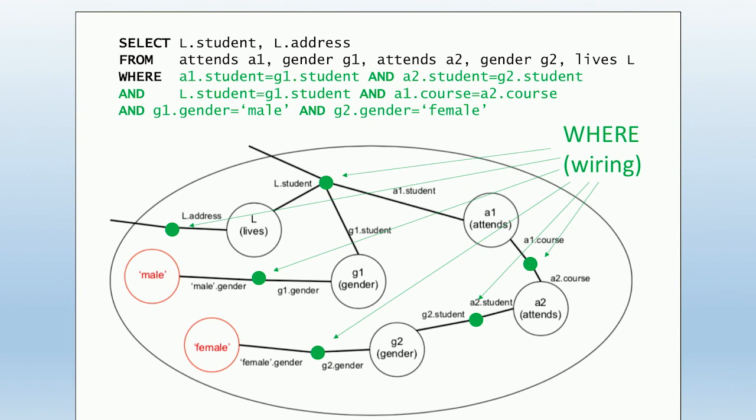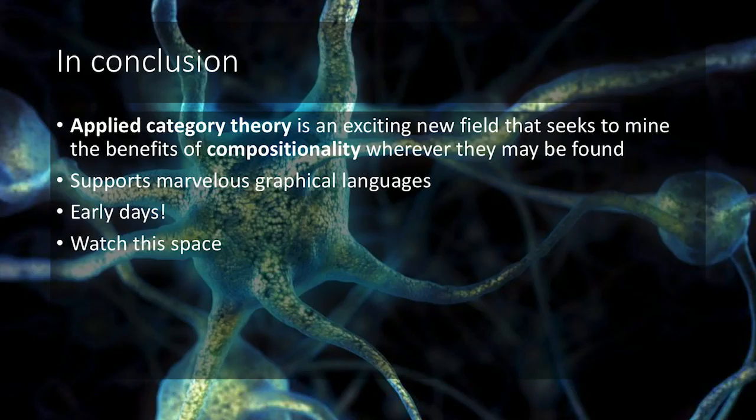What I hope to leave you with here is just how broadly useful it is to have a vocabulary of compositional concepts and how widely they can be used. So applied category theory is a really, really exciting new field. This abstract language of composition is something that can be applied in all kinds of different fields, and it's emerging in front of our eyes.